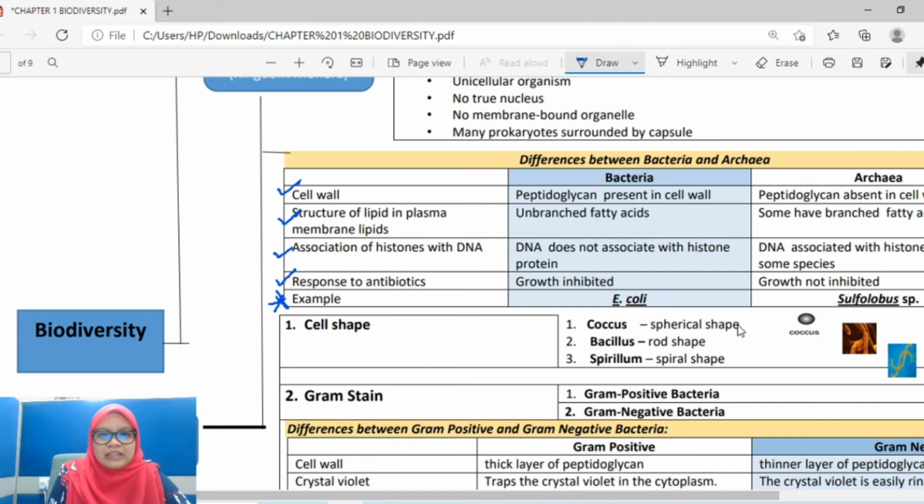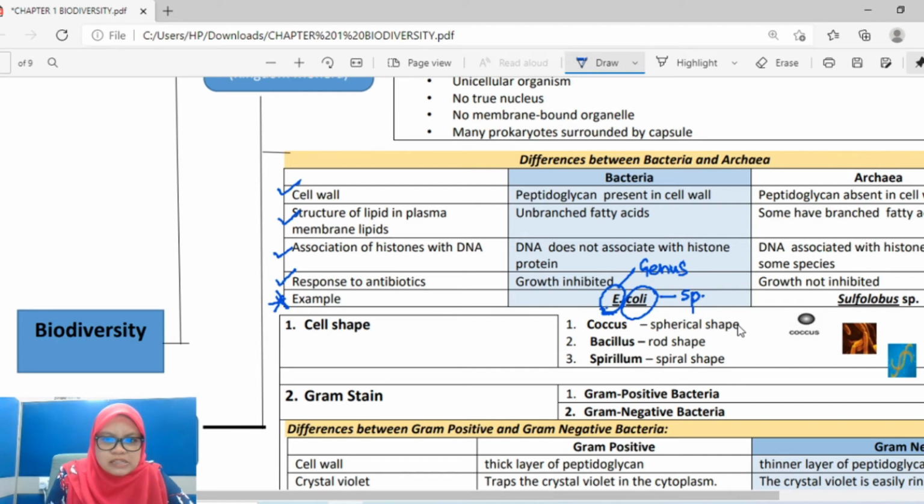I would like to remind you, your scientific writing must be emphasized. For example, this E. coli, this E refers to Escherichia. The first word refers to the genus name. And the second word refers to the species name.